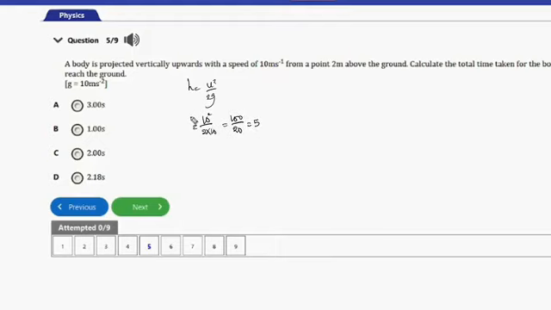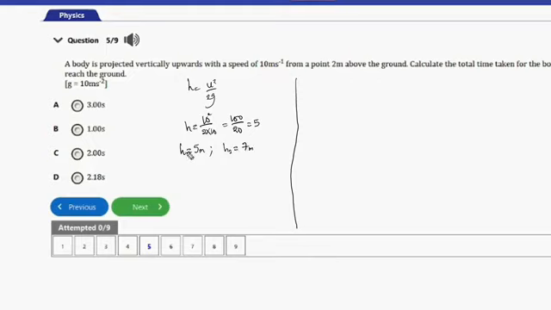So 100 over 20 now becomes 5. So the h here is 5 meters. So guys, it means that for it to reach ground again, it will take 5 plus 2 meters, that's 7 meters. So let's take note of these two.